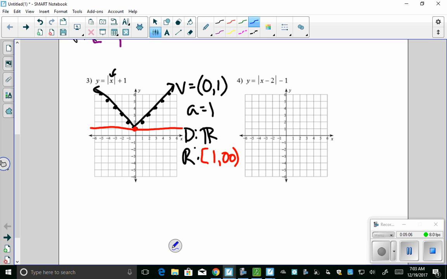Number 4. My vertex is negative, I'm sorry, messed up. It's (2, -1), with my slope being 1. Put a point on my vertex, up 1 over 1.